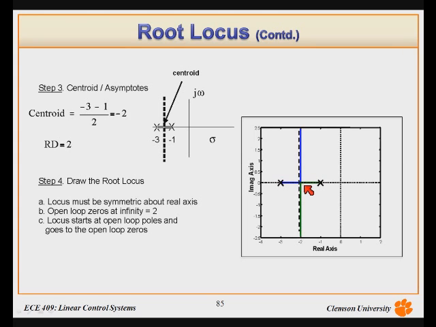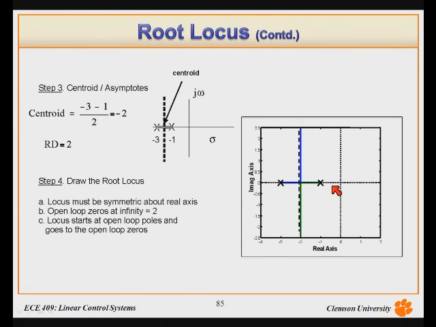The blue and the green must have a corner here because we must not violate the rule that the locus must be symmetric about the real axis. So we draw the blue and the green and they hit, and then one closed loop pole goes along this asymptote to infinity, and one closed loop pole moves straight up to infinity, following this asymptote, again following this rule.